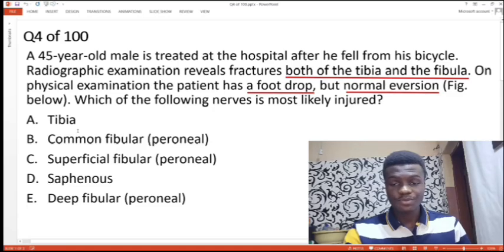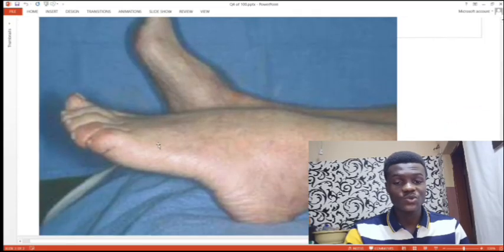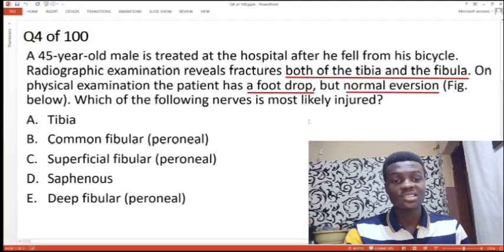Did he mention that the patient cannot plantar flex? The patient obviously can plantar flex. From what we have here, the foot is naturally plantar flexed, which means the posterior compartment of the leg is not affected, which means the tibial nerve is not the nerve that was injured.